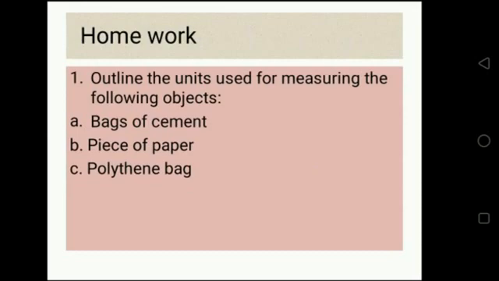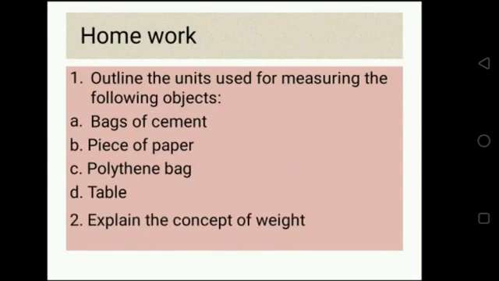Polythene bag, you tell us the unit used for measuring a polythene bag. Table, the unit. Now, hint, you check how heavy. The more weight the object has, that is going to give you what unit is used for measuring that particular object.